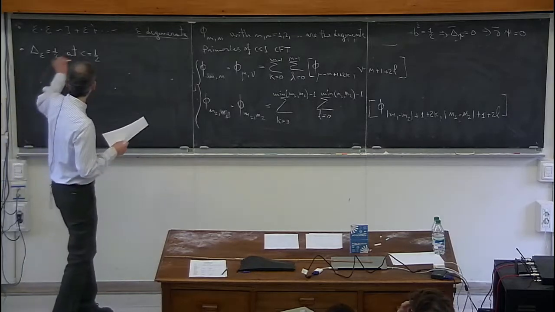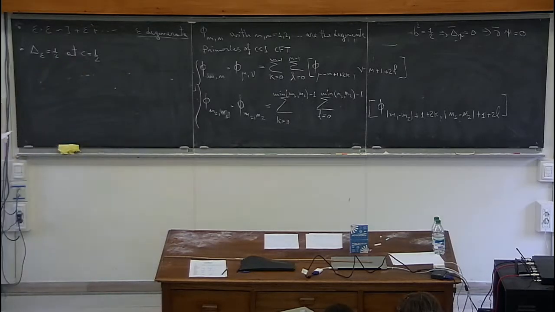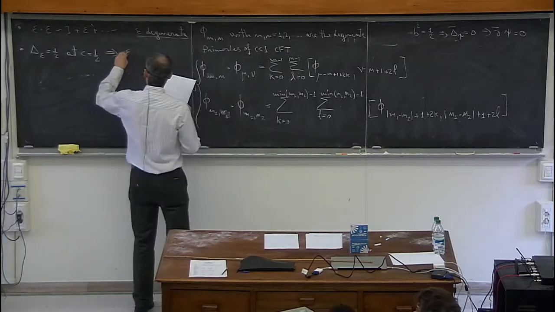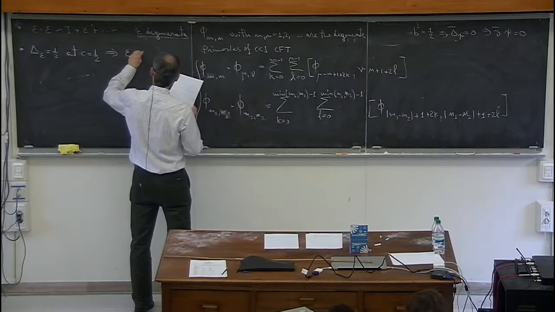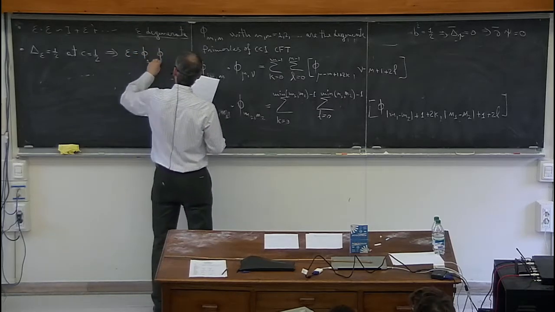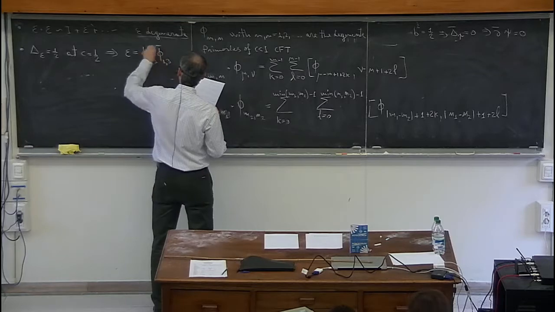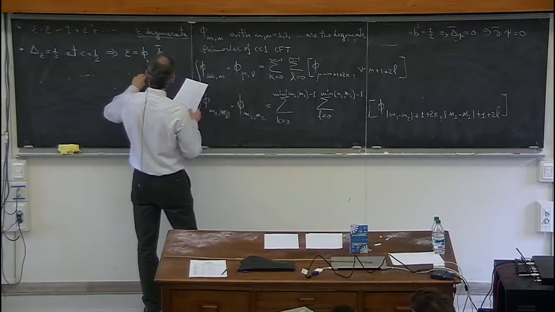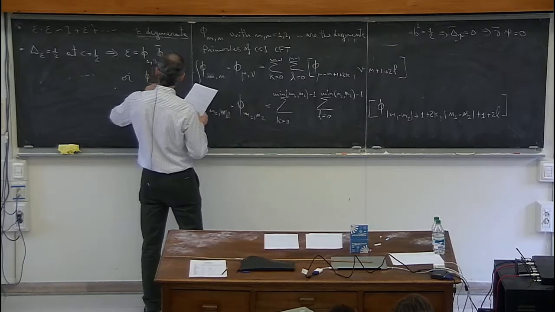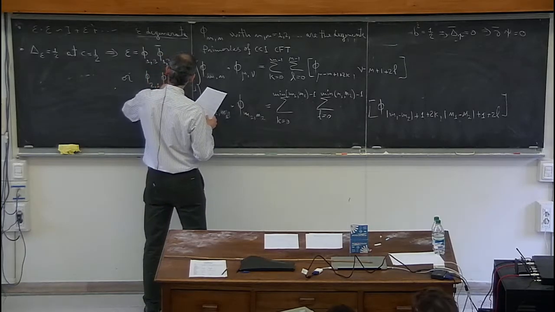Now, if you put this into the formula for the scaling dimensions, you get two possibilities for epsilon. Either it is (1,3), or (2,1).